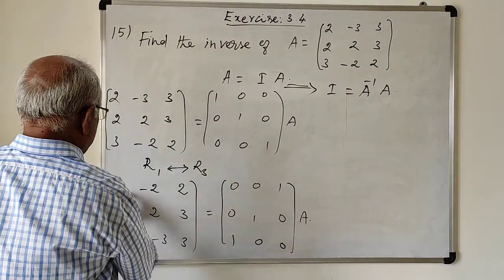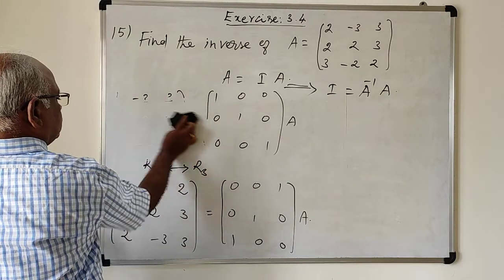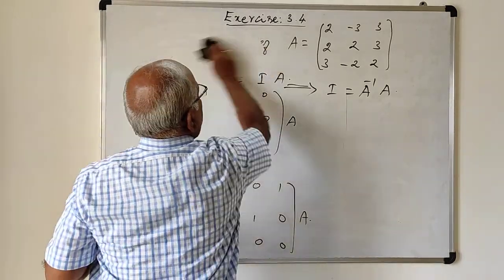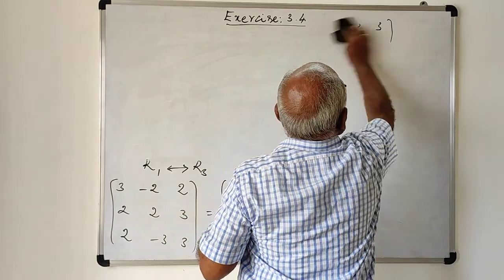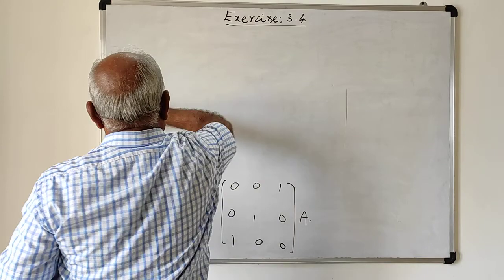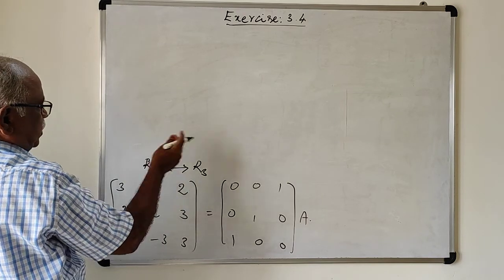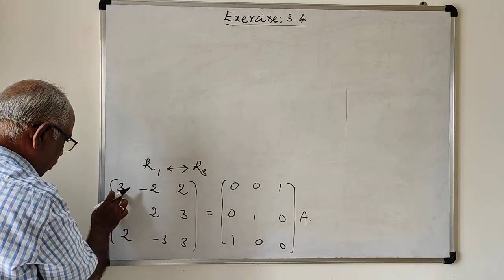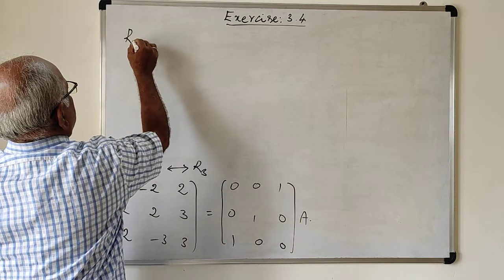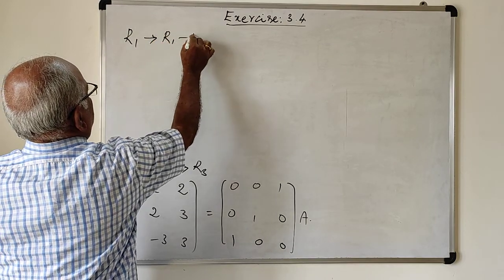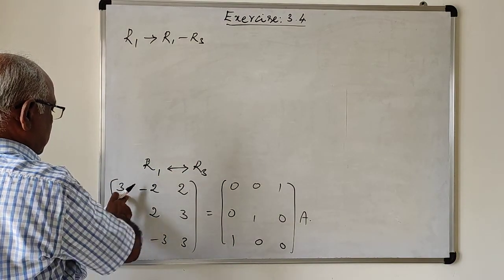That is, the next stage is R1 is R1 minus R2, and also R1 is R1 minus R3.